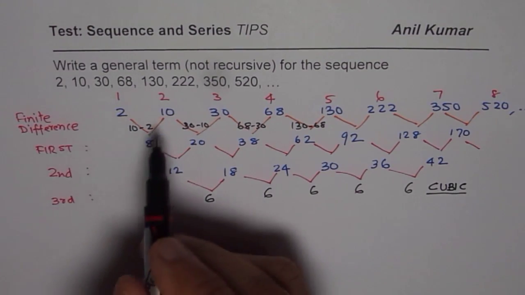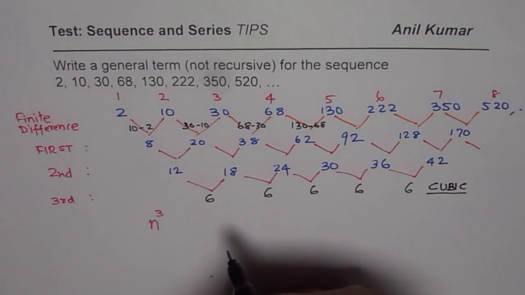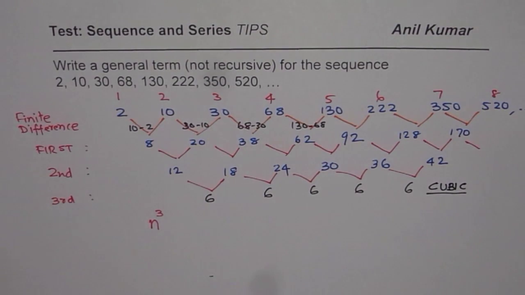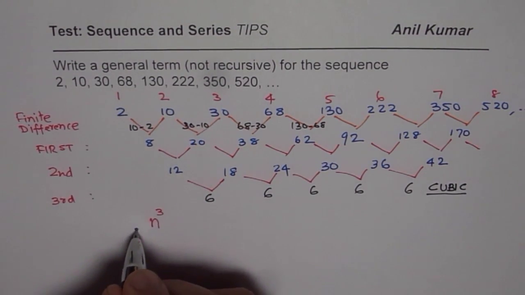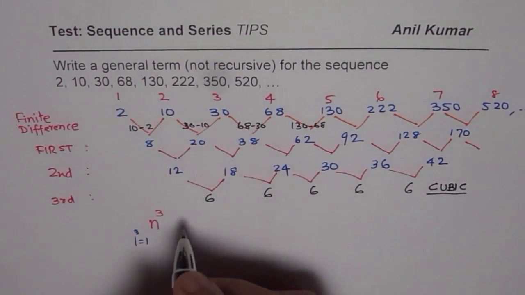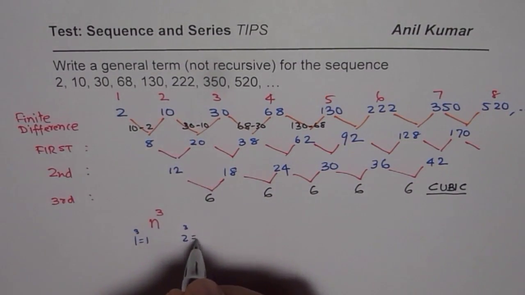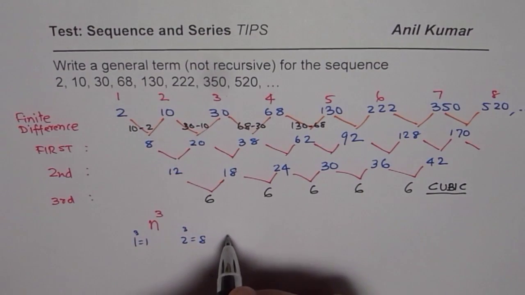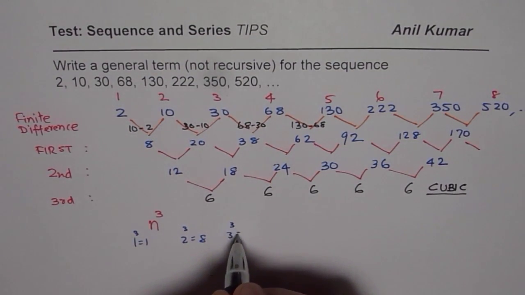For the second term, it is 2 cube, which is 8. For 3 we have 3 cube, which is 27, right?